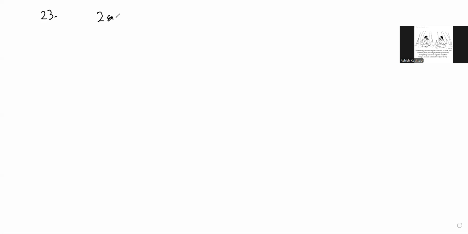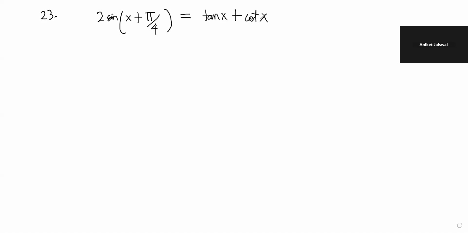23: 2 sin(x + pi/4) is equal to tan x plus cot x. Where can we convert x plus pi by 4 here?